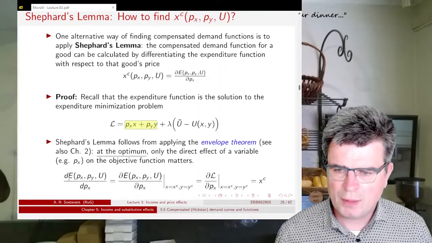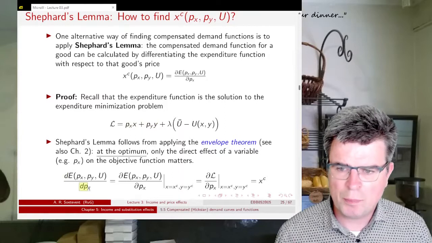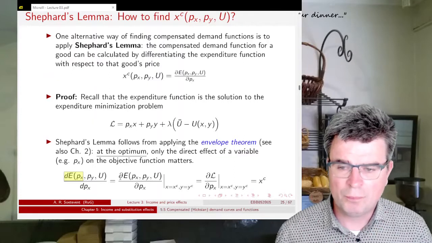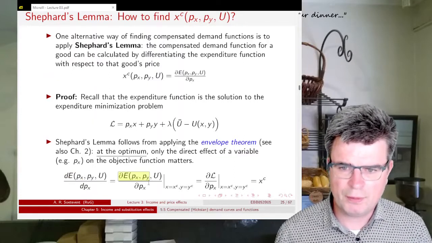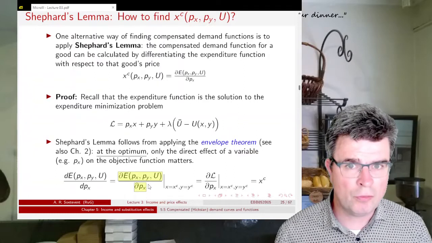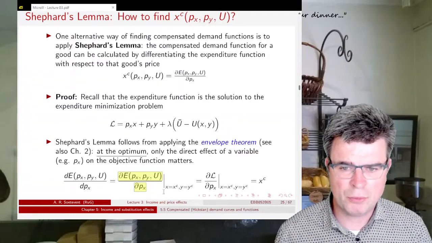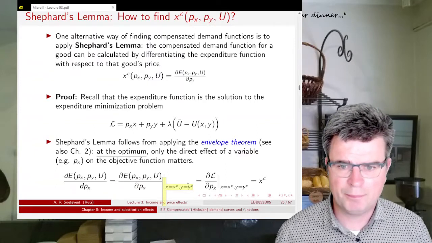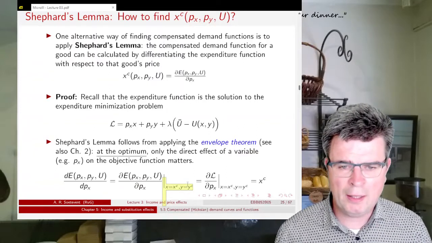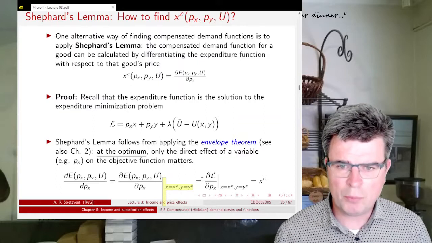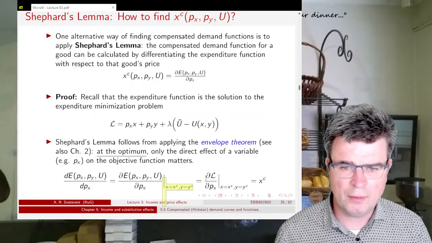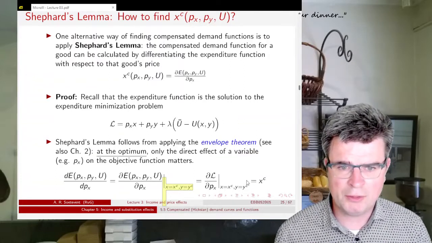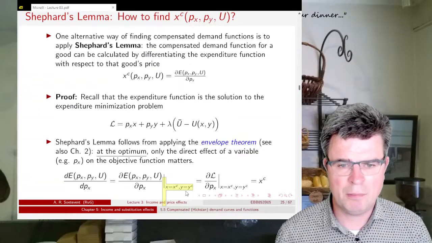So formally, the total effect of a price change on our expenditures is identical to the partial derivative of the expenditure function with respect to the price of good X, at the optimum level. So that one is identical to the partial derivative of the Lagrangian with respect to Px, and that one is equal to the compensated demand.